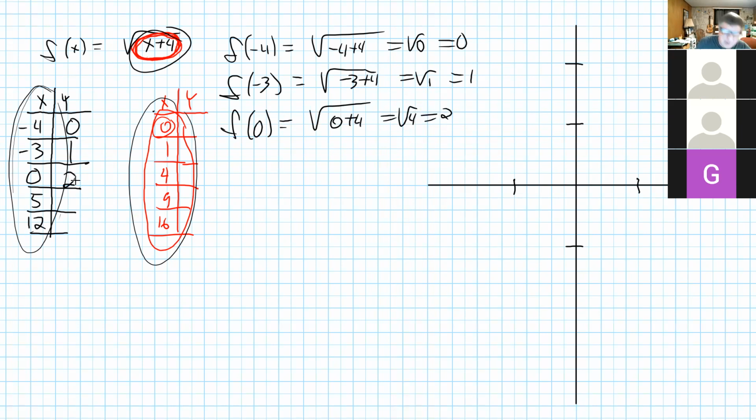You thought I was going to say it, but I'm not going to say nice. Okay, you see what's happening though? Yes. By subtracting 4, and then we add 4, we get back to nice numbers. So now my graph: -4, 0; -3, 1; 0, 2; 5, 3; 12, 4.